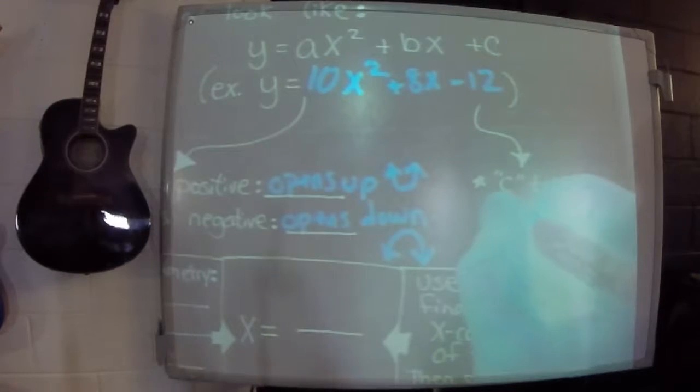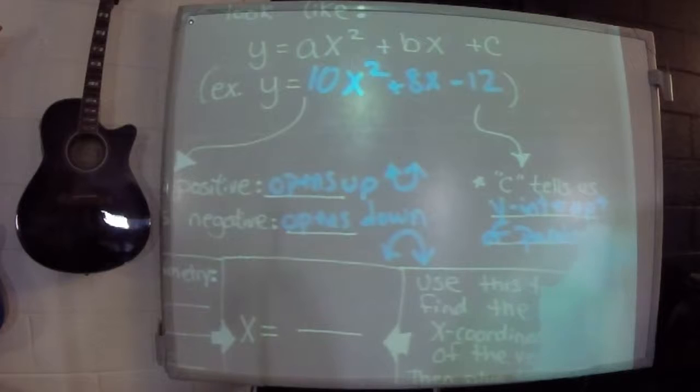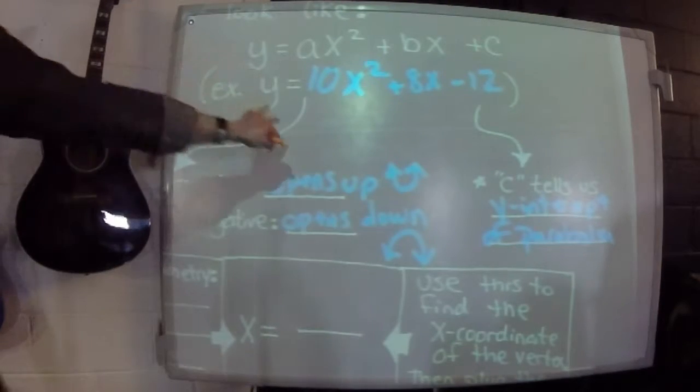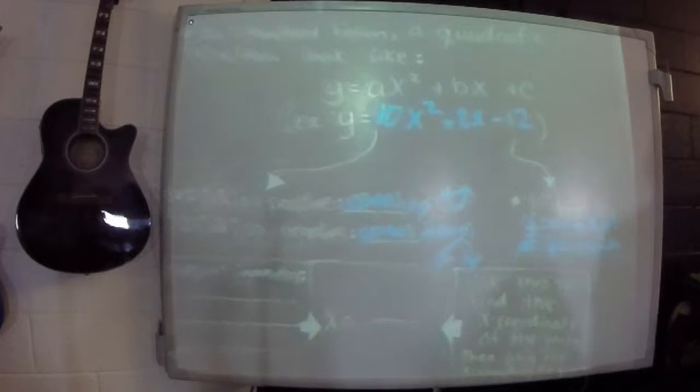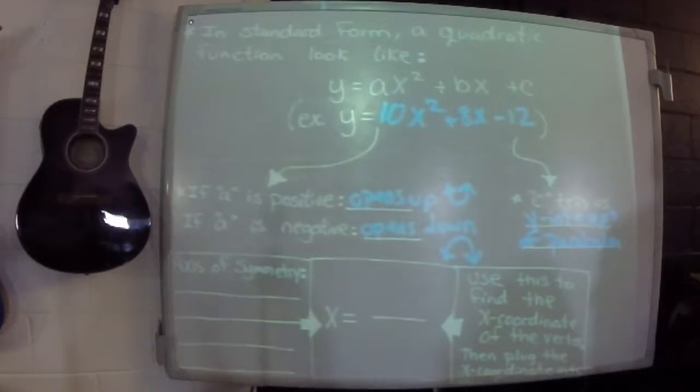It's the y-intercept of the parabola. Just knowing those two things, we could probably get these right, or at least get 50-50. You can eliminate some answers that you know aren't right. And that's standard form. The other form we're going to talk about when we get to the end is vertex form. And then I want to know which one you like better.